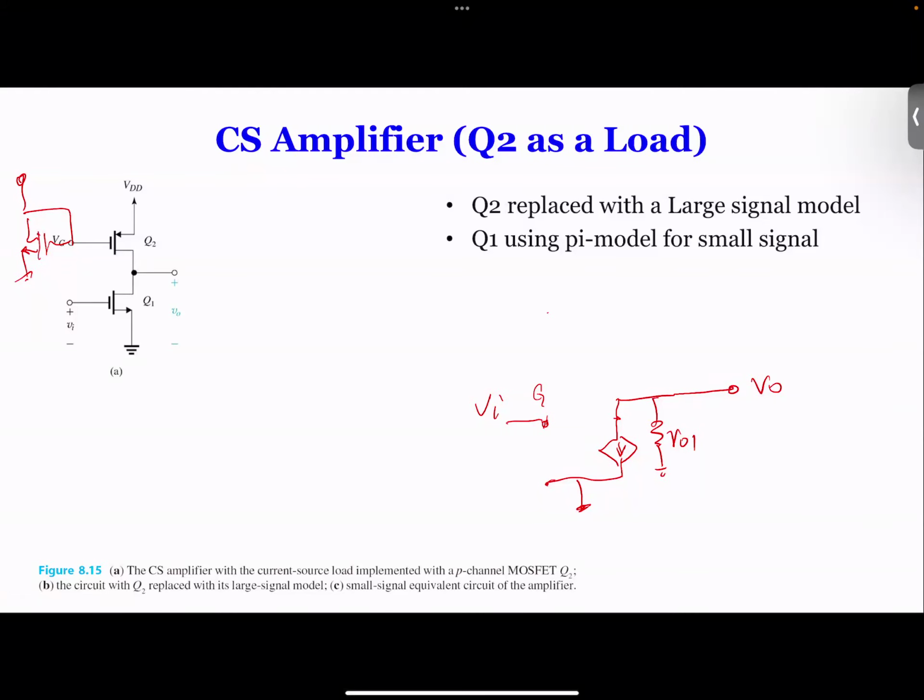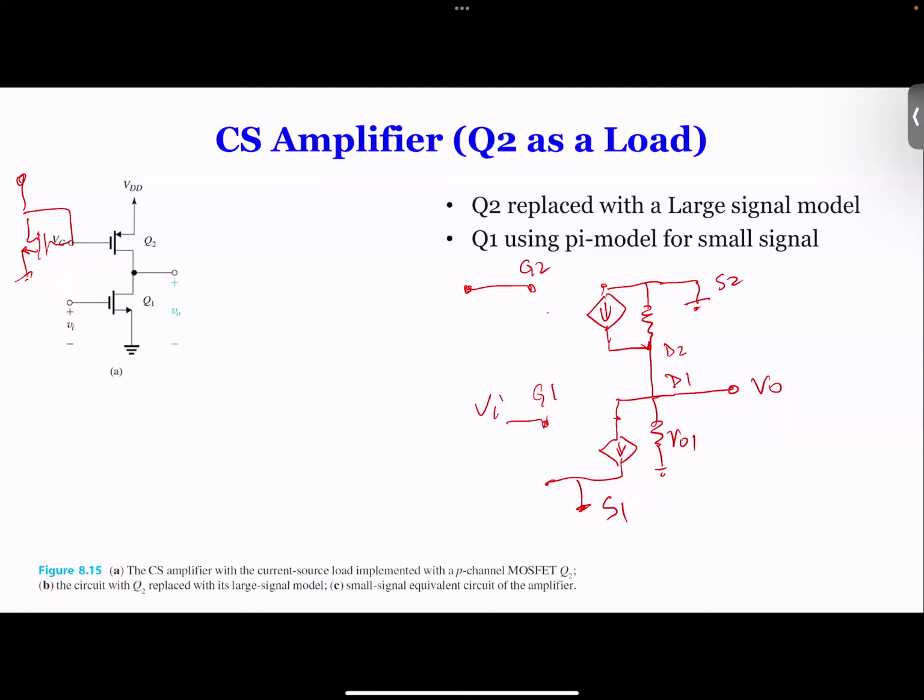So it has its drain also connected to this drain, which means we can go up like this. Let me write down. So this is S1, G1, and D1, and this is D2, S2, and G2.